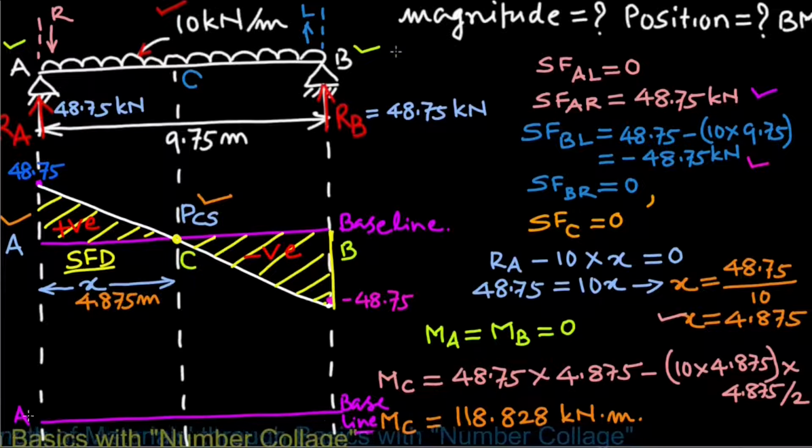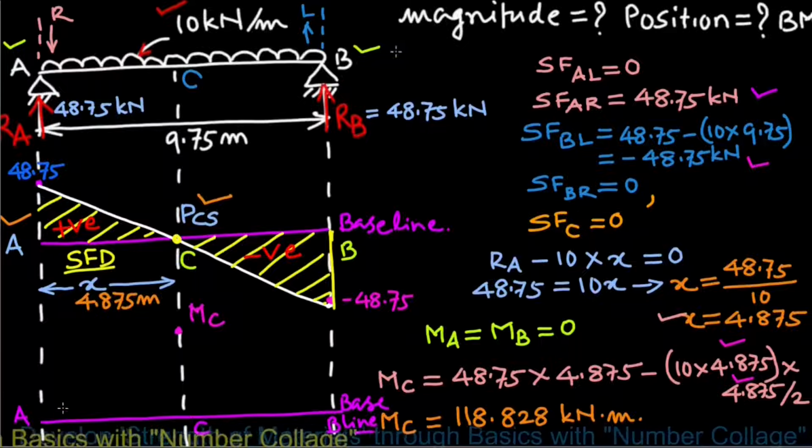Now for drawing the bending moment diagram, we will first draw the baseline. This is A, this is B, this is C. The maximum bending moment occurs at point C. Let this be MC. And since this is an expression that contains the product of two distances, it's going to be a parabolic curve.